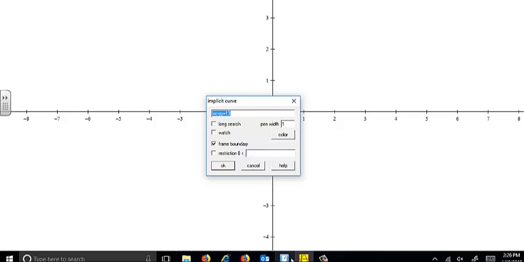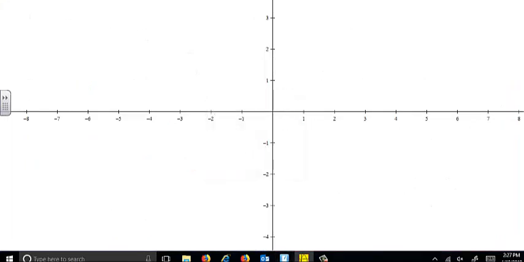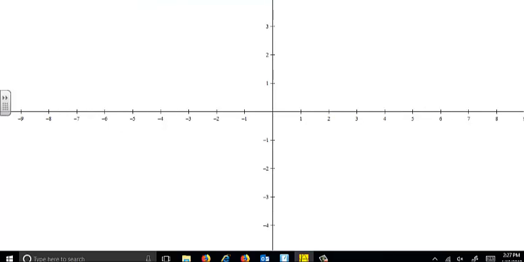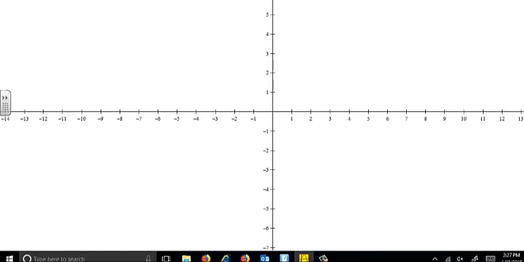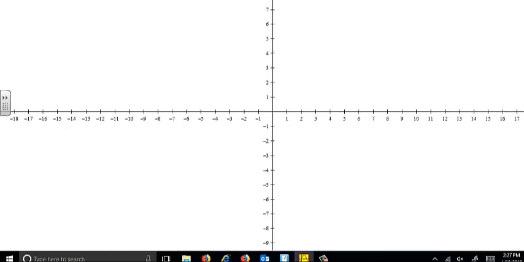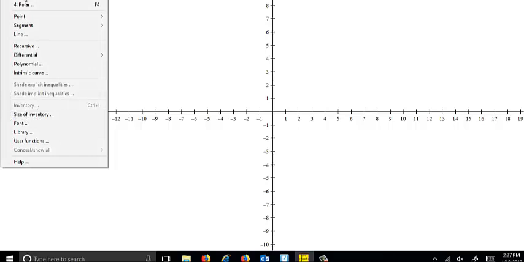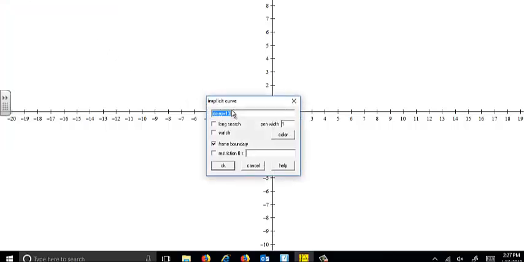And it's going to be x squared. Oh, we need to zoom out before we do this. Let's zoom out. So we're going to at least get to 10 on the y-axis.